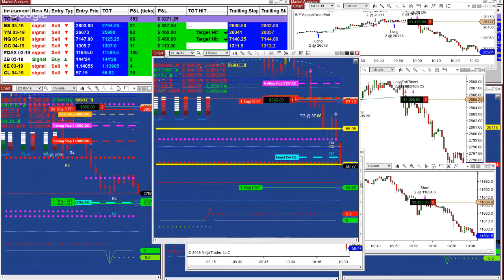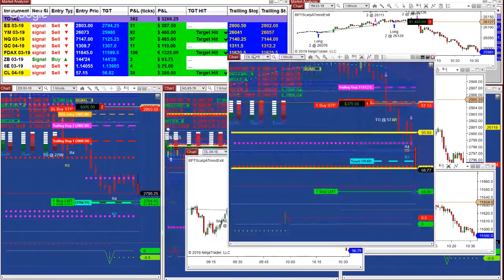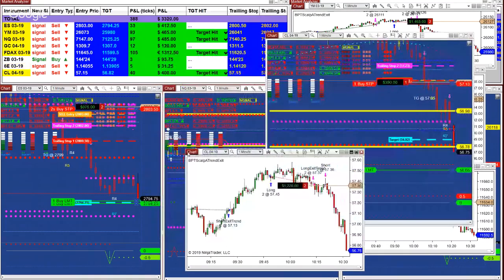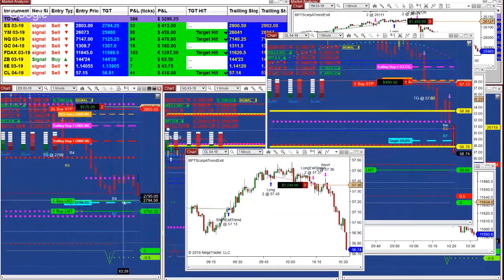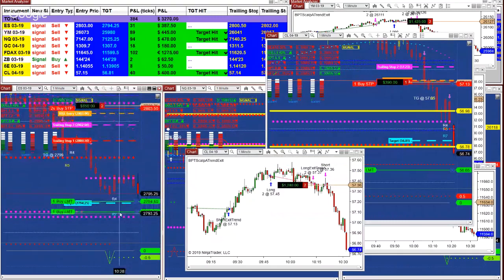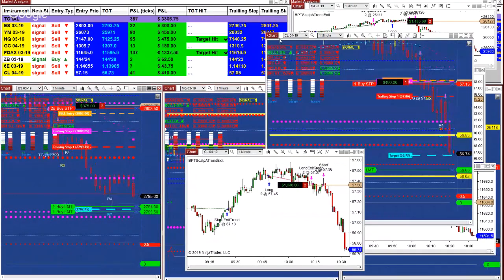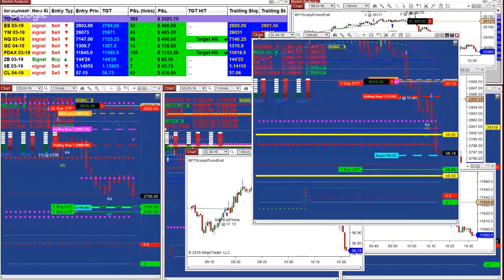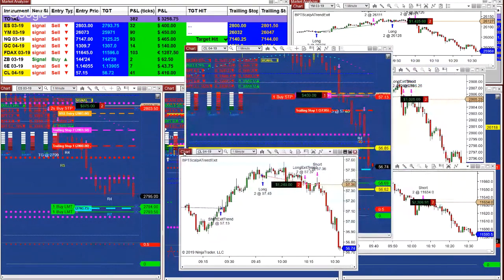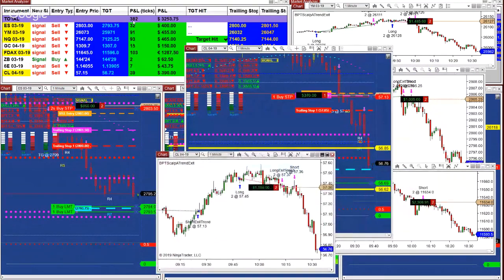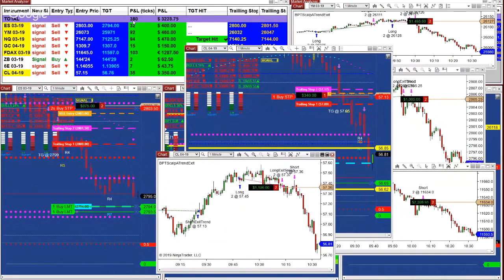I'm going to close one and leave one right there. Targets hit. Right now we are on 382 ticks. 382 ticks based on one contract, folks.